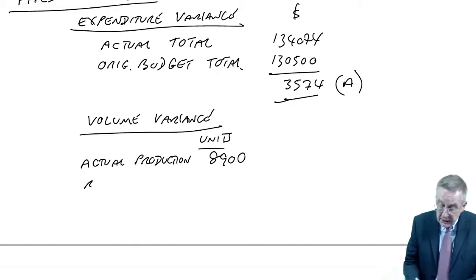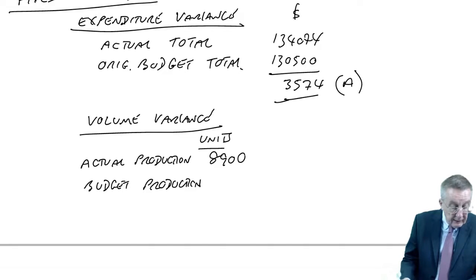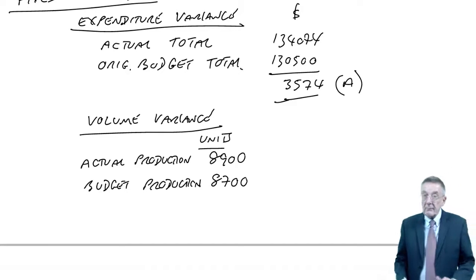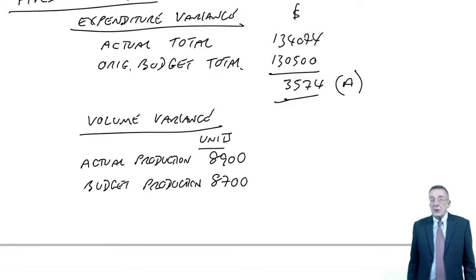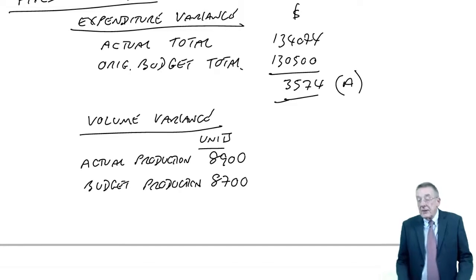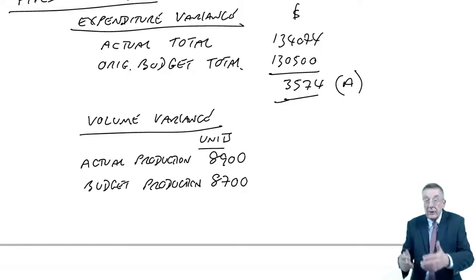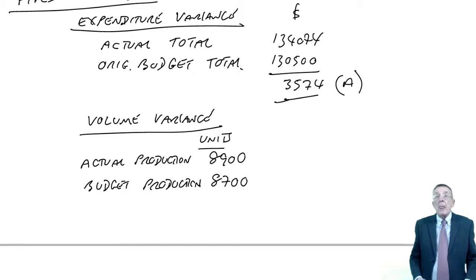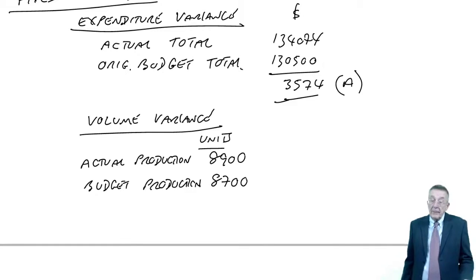The budget production, though, I forgot what it was, 8,700 units. And so there should really only be 8,700 units at 15, 130,500. But in our flexing, we ended up putting in 8,900 units worth.